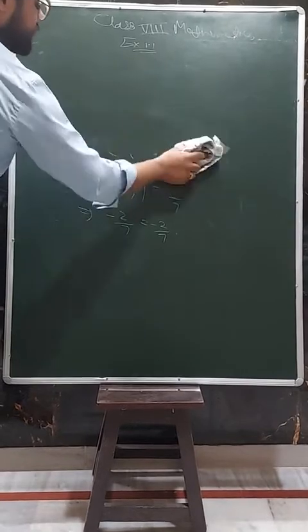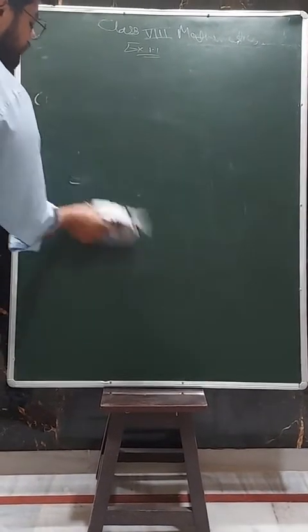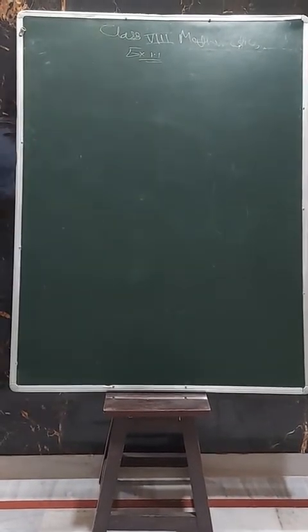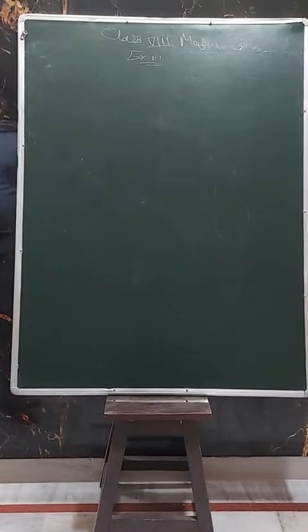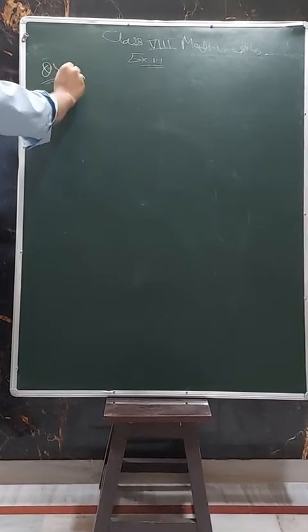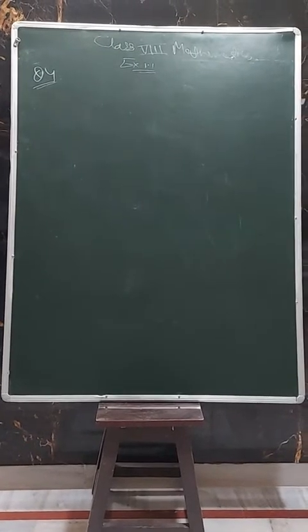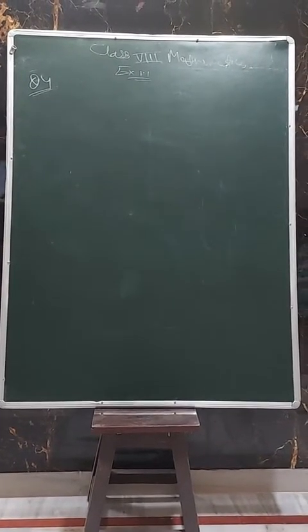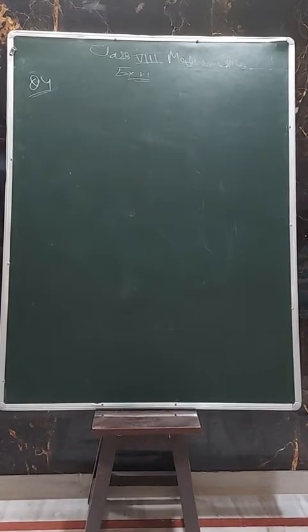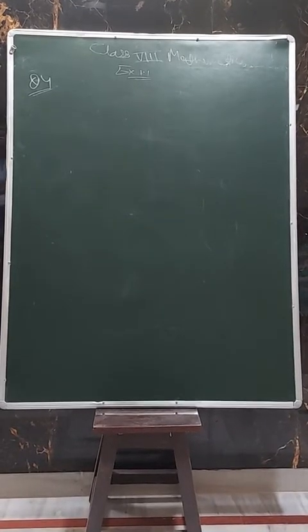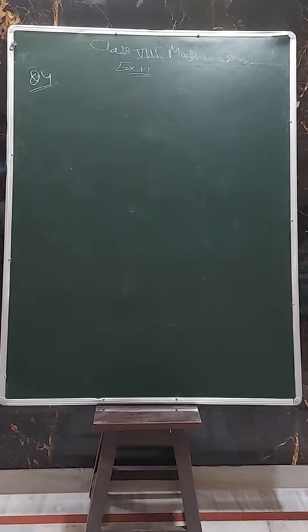Question number 4 is there. Note down this. Fourth question is: verify the closure property of addition of the following rational numbers. Means only we have to do the addition. A simple addition we have to do. What is the closure property?